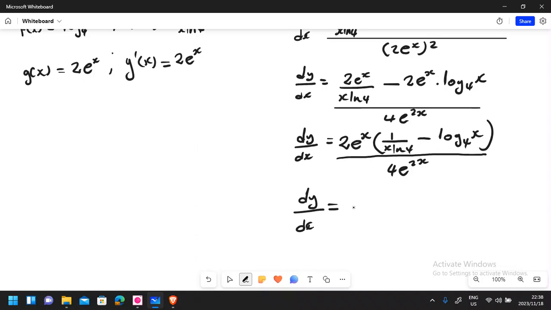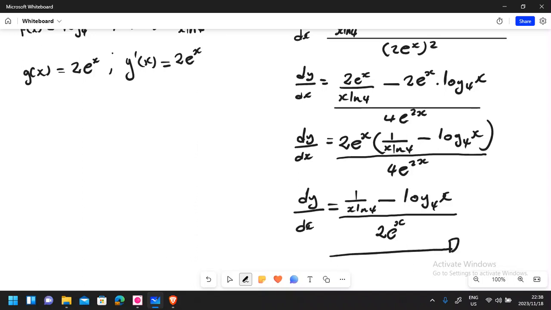So here we're only left with the following: 1 over x natural log 4 minus log base 4 of x, divided by, because if we say 2, this is going to be 1 and that is going to be 2. But what about this one here? If we take the base down there, this is going to be 2x minus x, so this is going to be e to the power of x. So this is going to be our final answer.